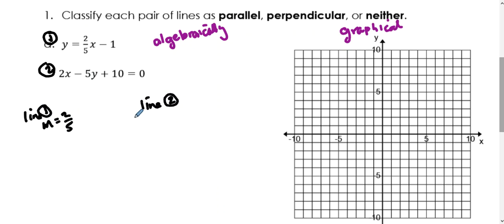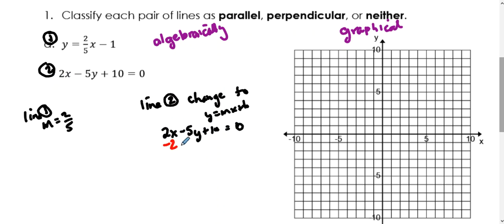For line 2, I don't know the slope, so we can change to y equals mx plus b, because we're going to graph them anyway. I have 2x minus 5y plus 10 equals 0. We're going to use our inverse operations to move things around.